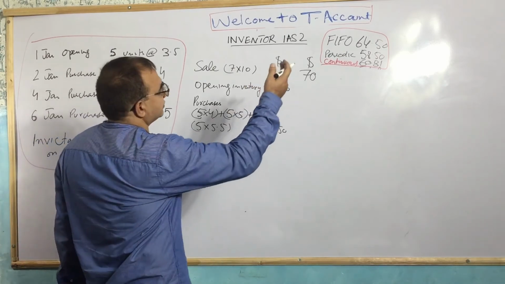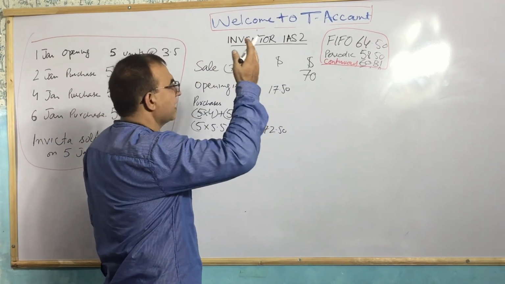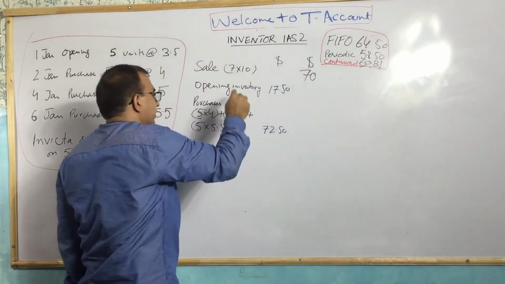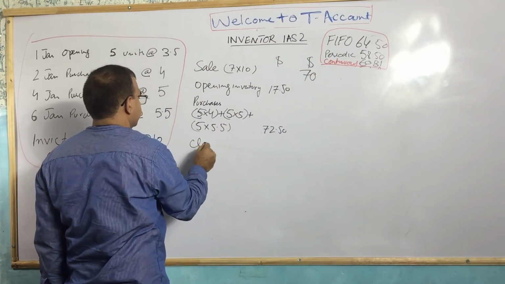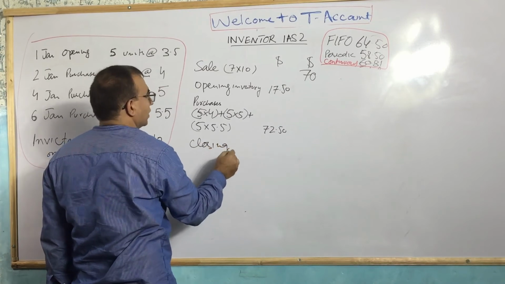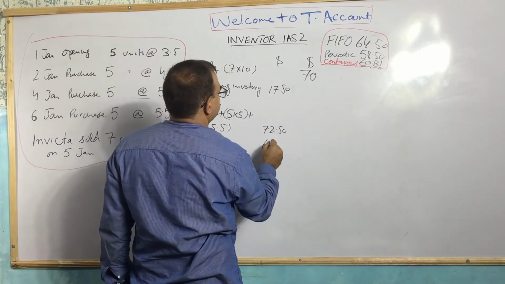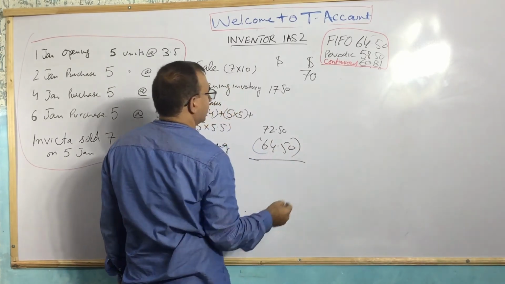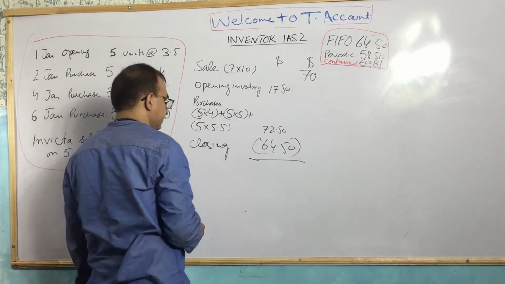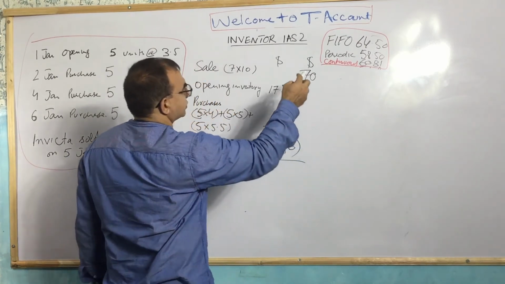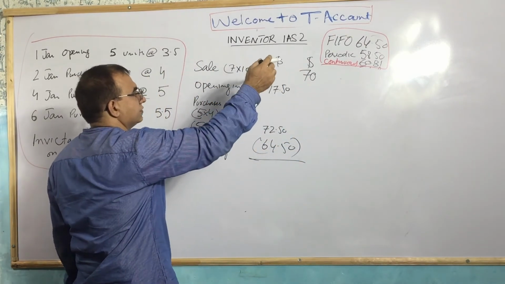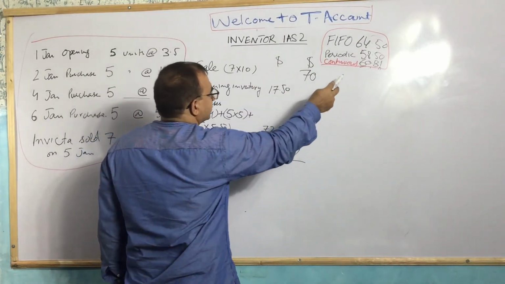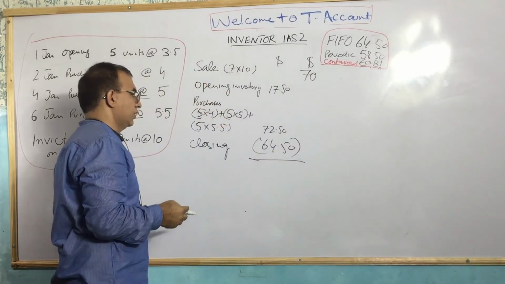Now, if you are asked to use FIFO, you have that closing inventory deducted here, 64.50. You will get your gross profit. If you are asked for periodic, just use this closing inventory, and for continuous 60.81.